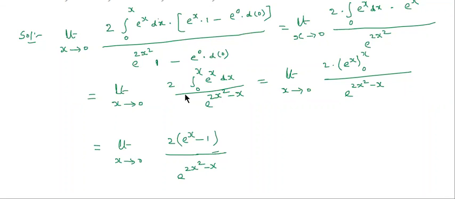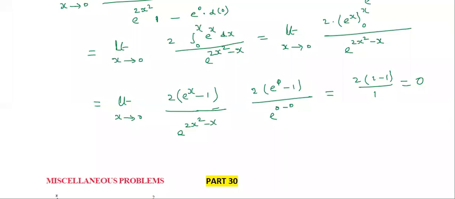What happened? See. Substitute the limit. Then 2 into e power 0 minus 1 divided by denominator e power 0 minus 0, that is 1.